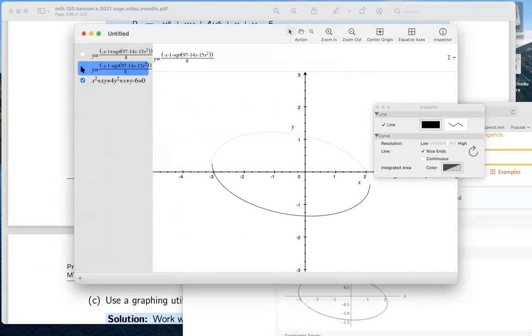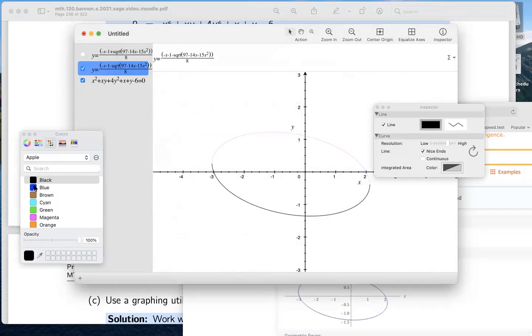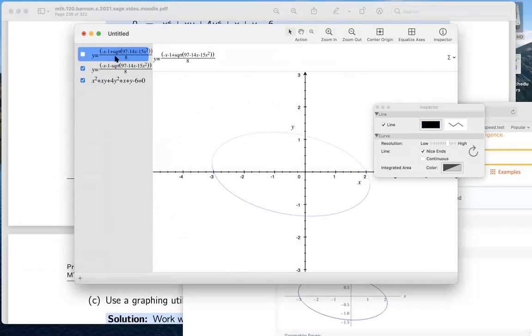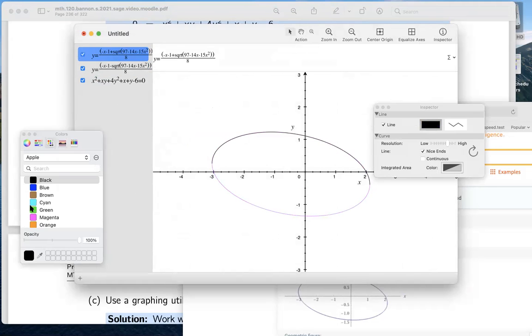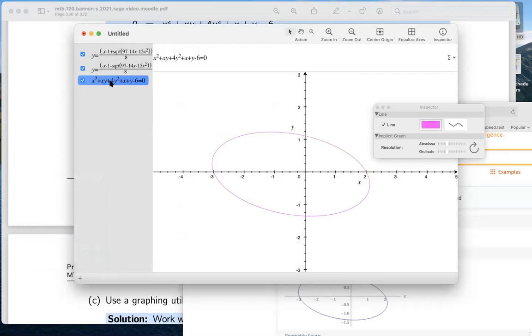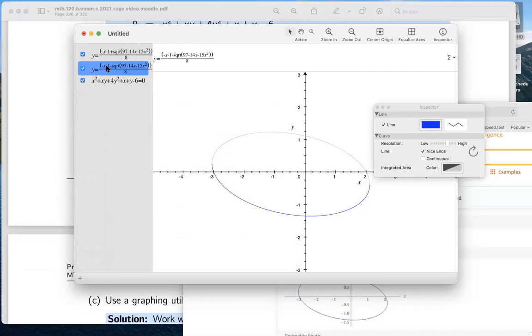All right, let's make this one, I don't know, blue. You have a tough time doing this in Wolfram Alpha, I'll tell you that. And let's make this one green. I think you get the idea. You see it. You see them all. This is good news. Software is nice to have. All right. Thank you.